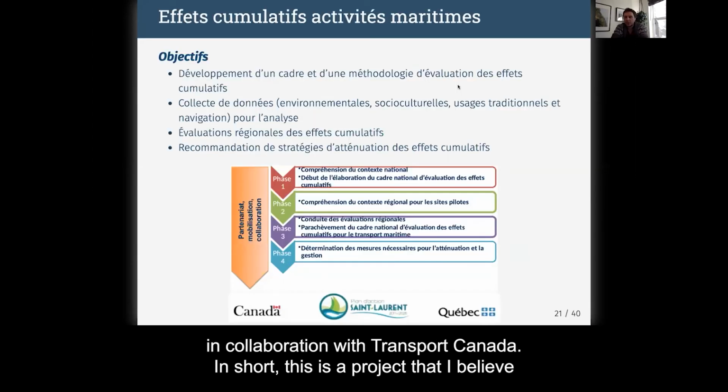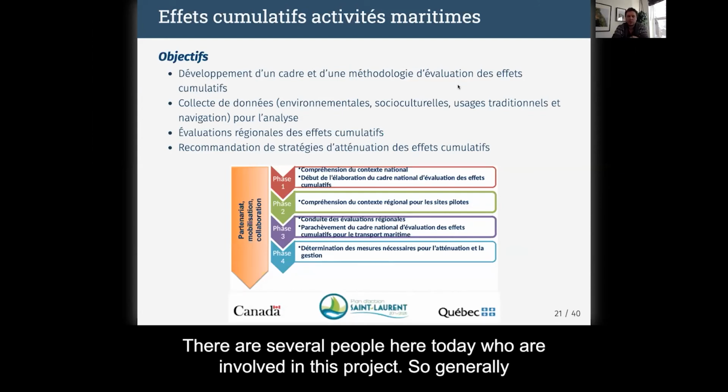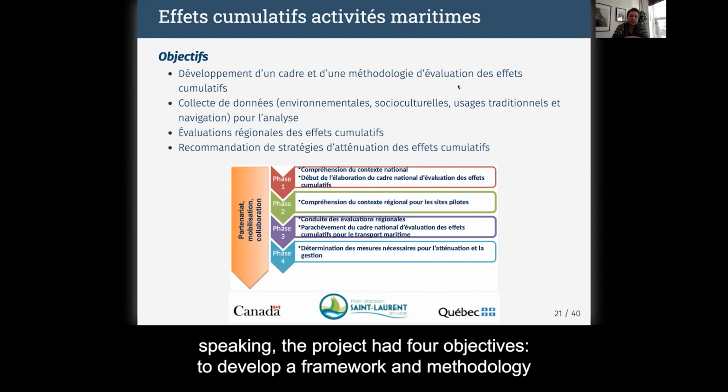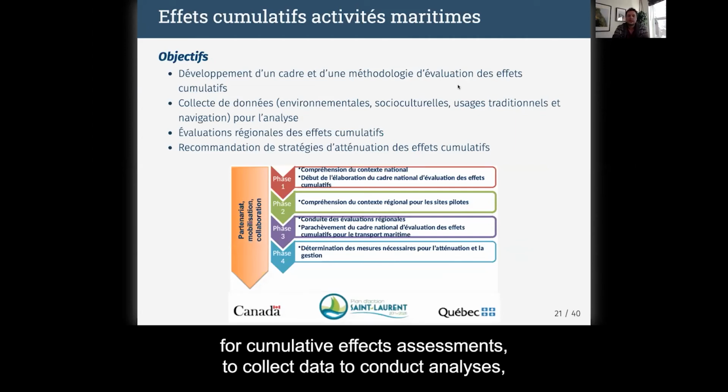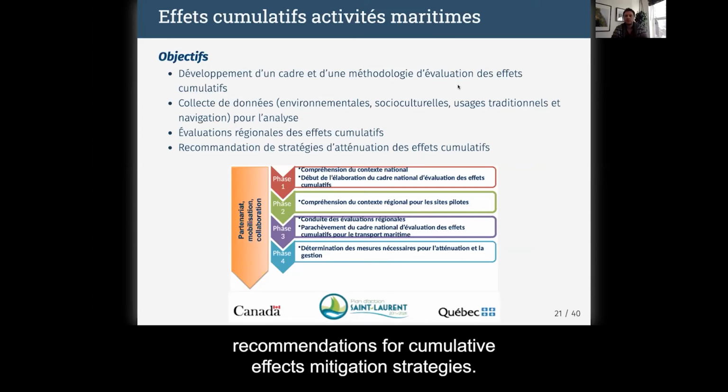Brièvement, c'est un projet qui, à l'échelle nationale, a été lancé dans le cadre du plan de protection des océans. Je crois qu'il y a plusieurs personnes présentes ici aujourd'hui qui sont impliquées dans ce projet. De façon très générale, le projet avait 4 objectifs: développer un cadre et une méthodologie d'évaluation des effets cumulatifs, collecter les données pour effectuer des analyses, faire des évaluations régionales des effets cumulatifs, et ensuite donner des recommandations pour des stratégies d'atténuation des effets cumulatifs.